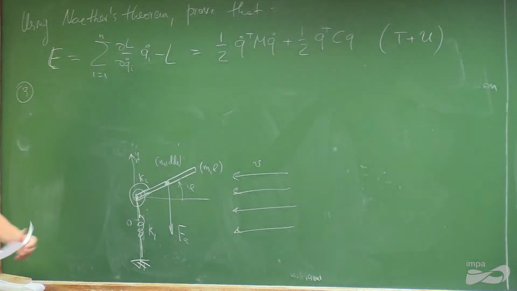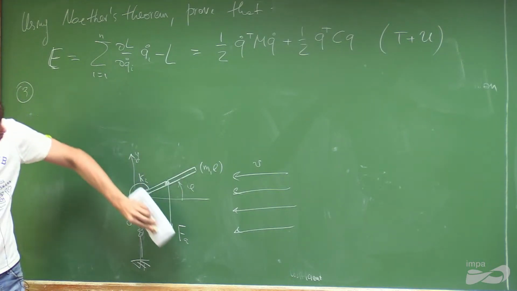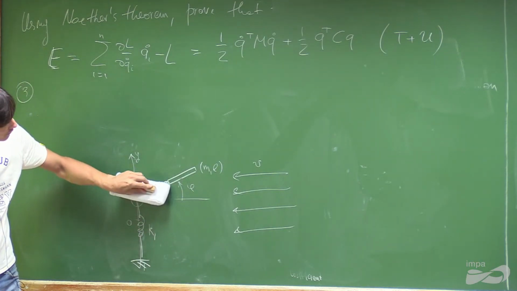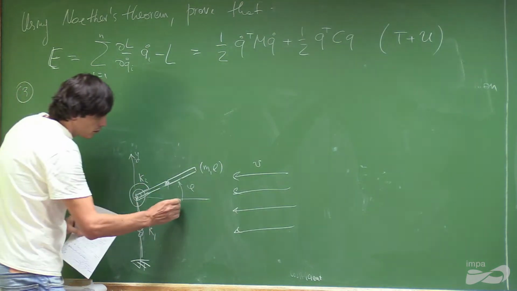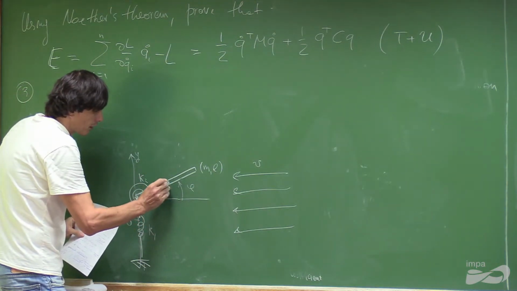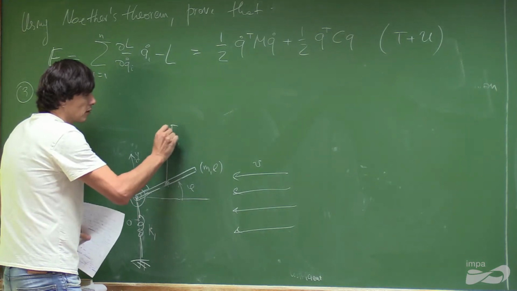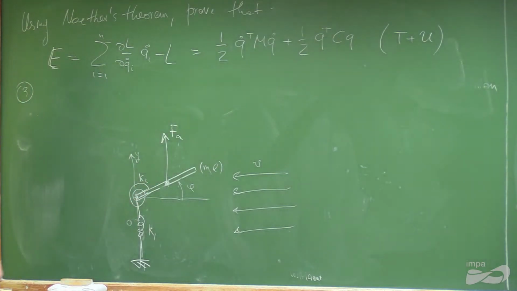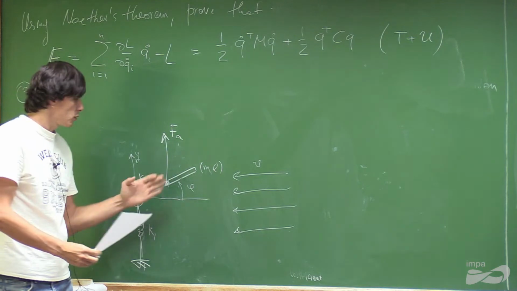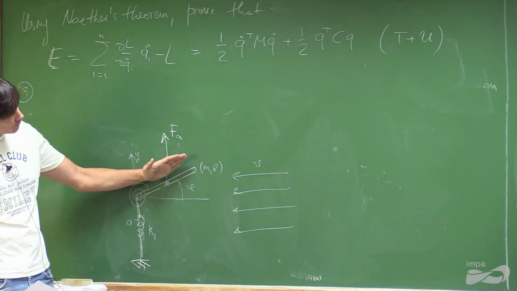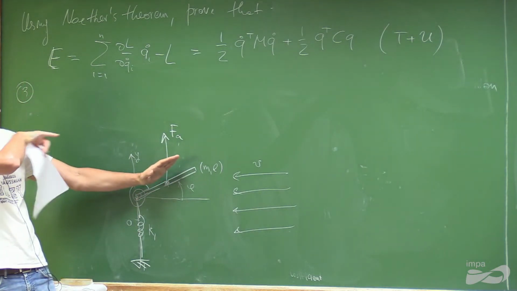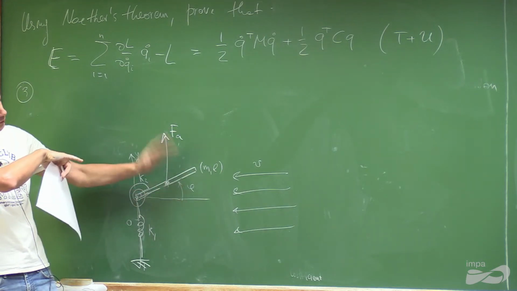When the wind flows from the opposite direction, the force will be directed upwards, right? Because if the wind is from the left, it will be pushing it down.